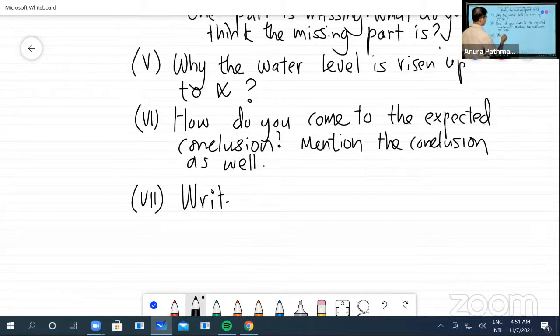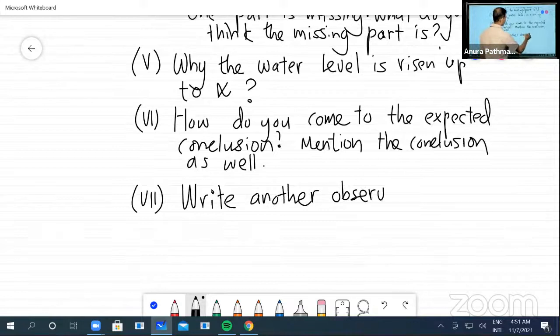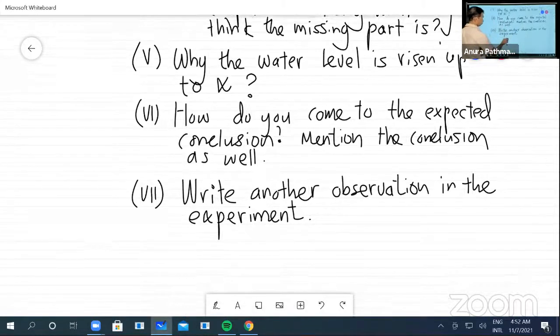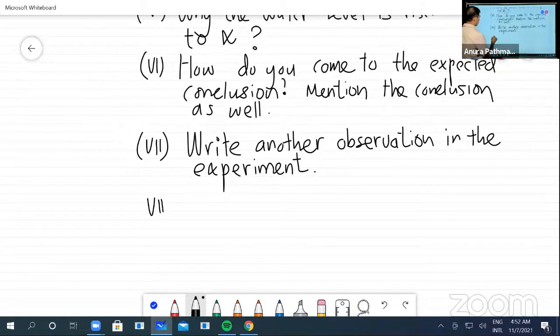Write another observation in the experiment. Eight.